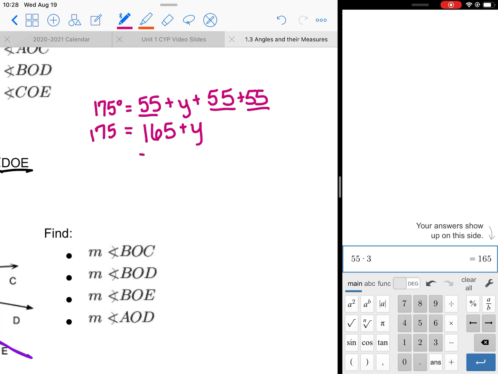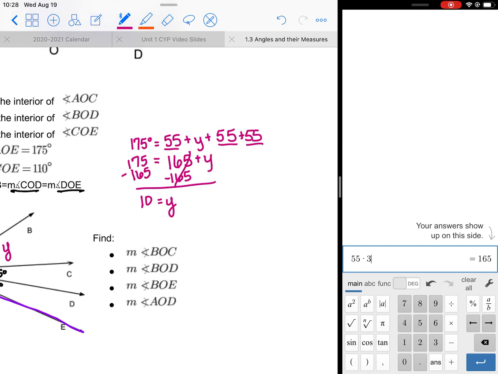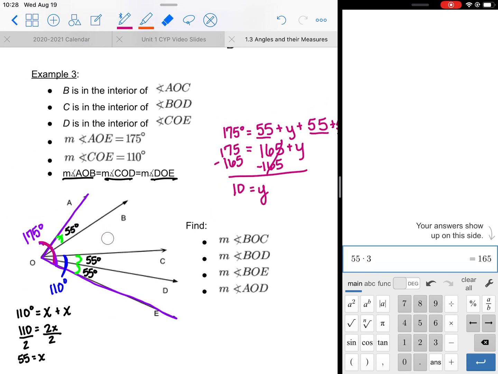So to find the measure of Y, I'm going to subtract 165 from each side. And that's going to tell me that Y is 10. So now I can go on and label this as 10 degrees. So this is a good time to talk about diagrams and that they are not drawn to scale. So this is going to be 10 degrees for the measure of angle BOC.